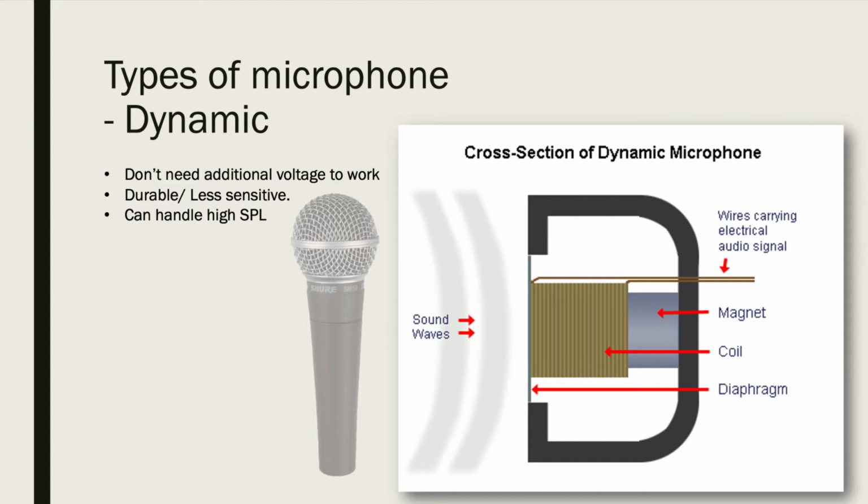You can generally just plug this into whatever your interface or desk or preamp is, and they work off the bat. They're extremely durable and less sensitive. Where I say less sensitive, it's really important to understand what I mean by that, and that is that they're less sensitive in terms of durability.